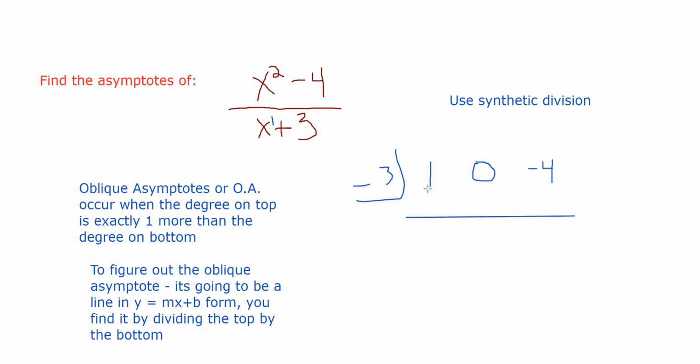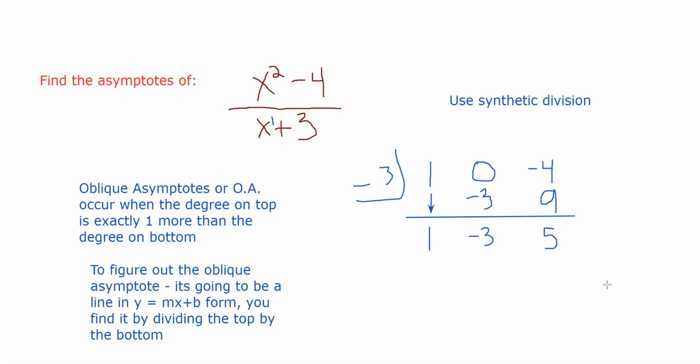And so we do the synthetic division, bring down the 1. Negative 3 times 1 is negative 3. Zero plus negative 3 is negative 3. Negative 3 times negative 3 is 9. Negative 4 plus 9 is 5.